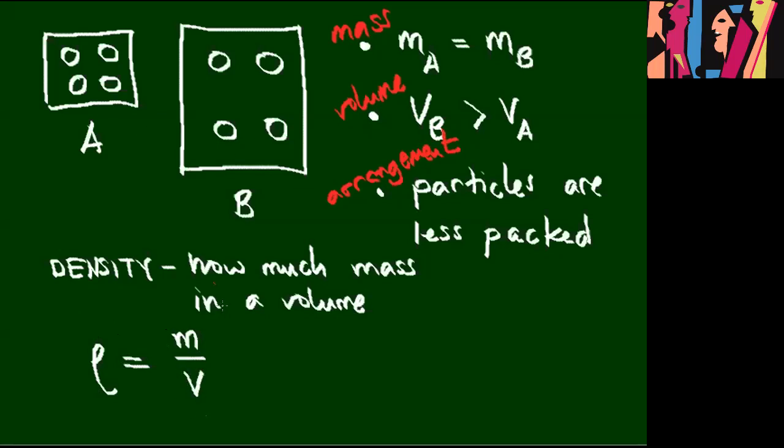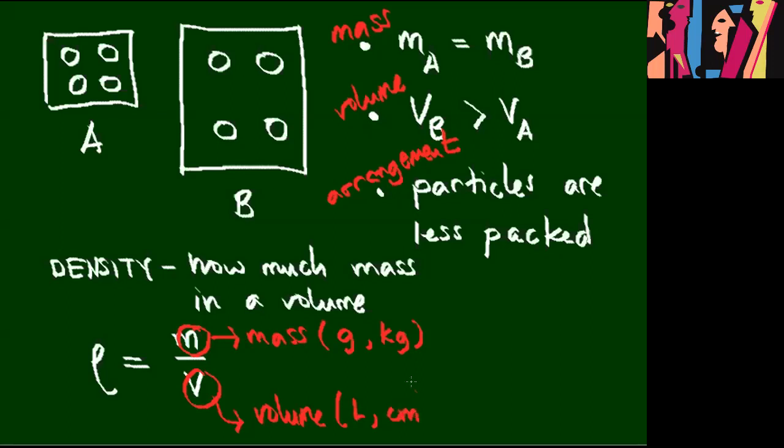Here m is my mass. It could take on many units. It could be in grams, could be in kilograms, for example. And this v here is my volume. The units for volume could be in liters, centimeter cube or even meter cube.